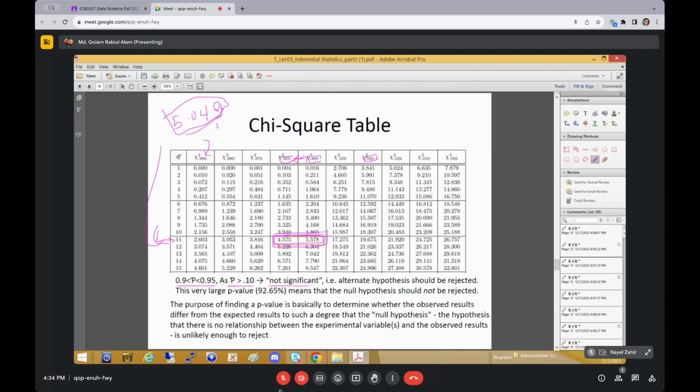For 0.05, with the degree of freedom 12, you can see that the value is 21.026. This is for alpha 0.05.